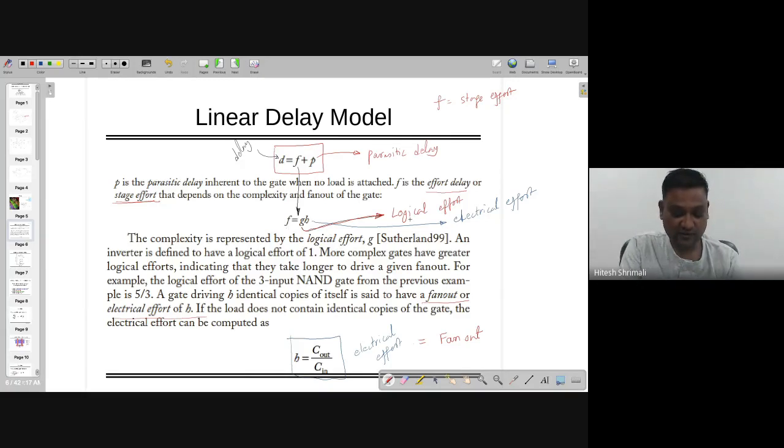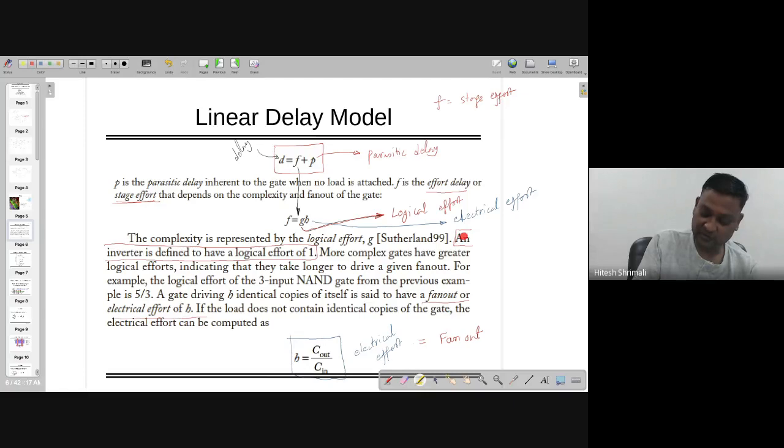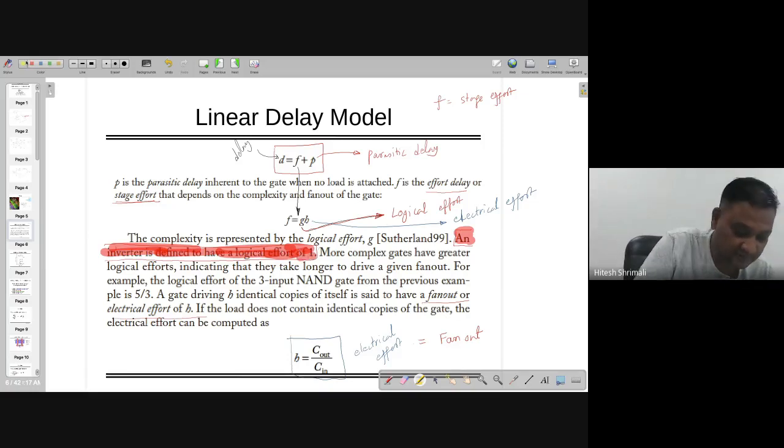Here it is written that an inverter is defined to have a logical effort of 1. In other words, everything we are going to measure is with respect to the inverter. Let's make this the standard.